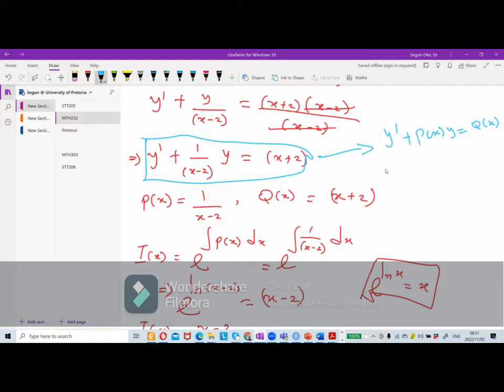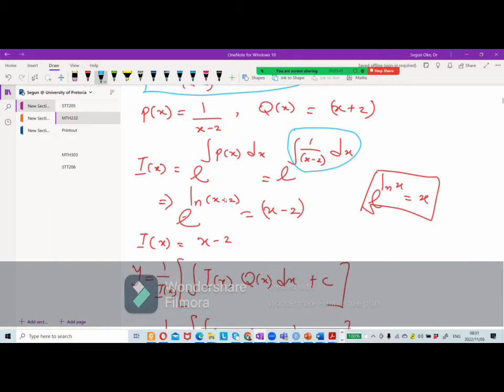Then substitute everything into p of x. All you need to do is integrate this one alone and put the answer back here. When you integrate this one alone, what do you have? You have this. Then I taught you earlier that exponential will cancel the ln. So take exponential. We have the exponential of ln of x minus 2. This one will go, and you are left with this.